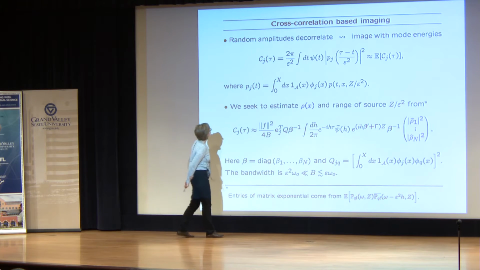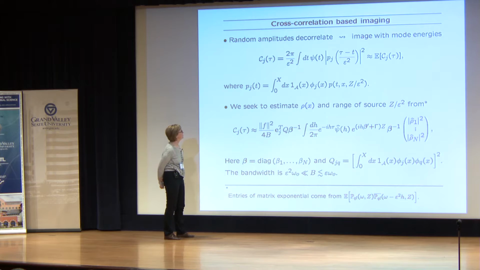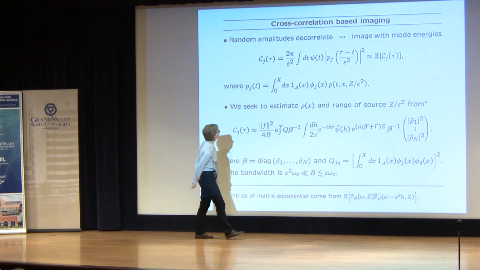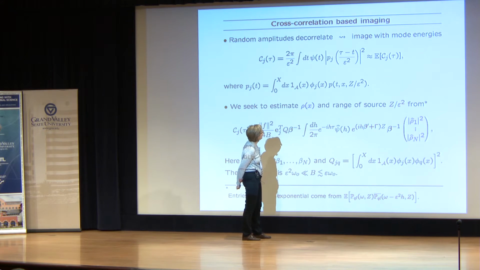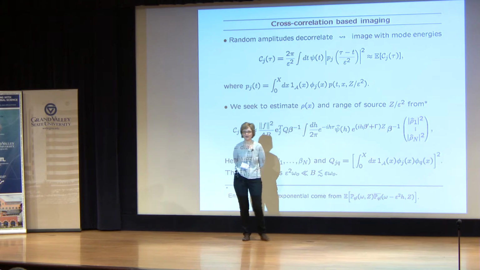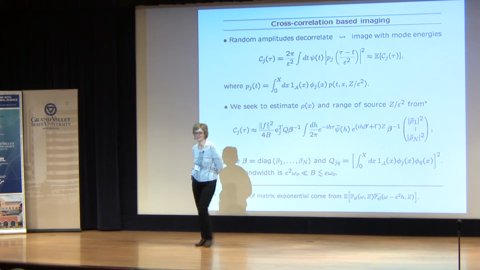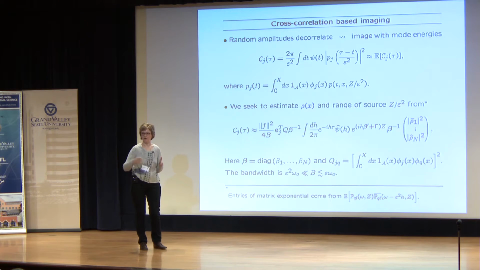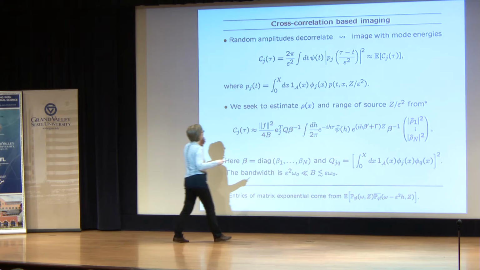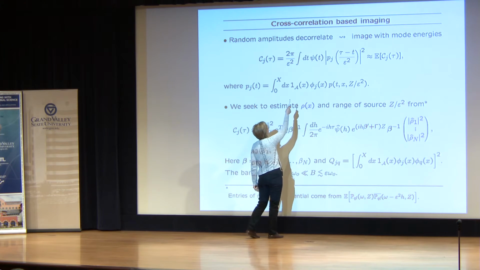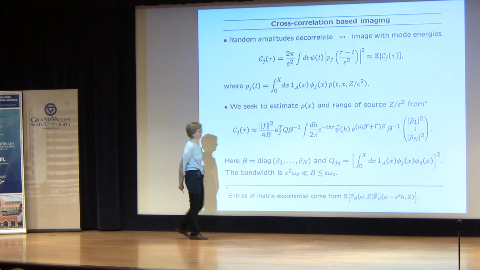Okay, so you compute this Pj of t, which is a 1D wave, and then you take the intensity of this wave over a time interval, which is scaled by 1 over epsilon squared. That has to do with the fact that the waves propagate a distance of order 1 over epsilon squared, so you need to wait that time to see things. And the window is modeled by this function psi.